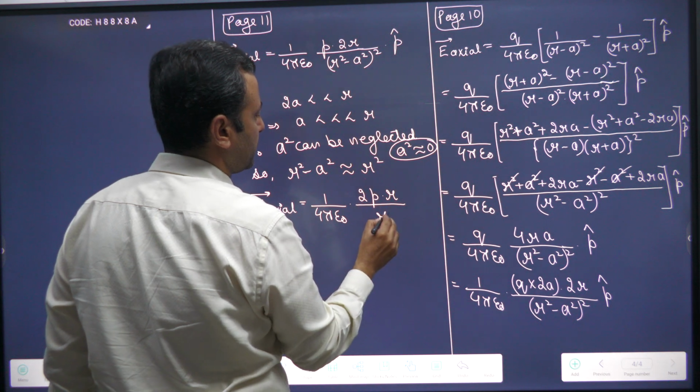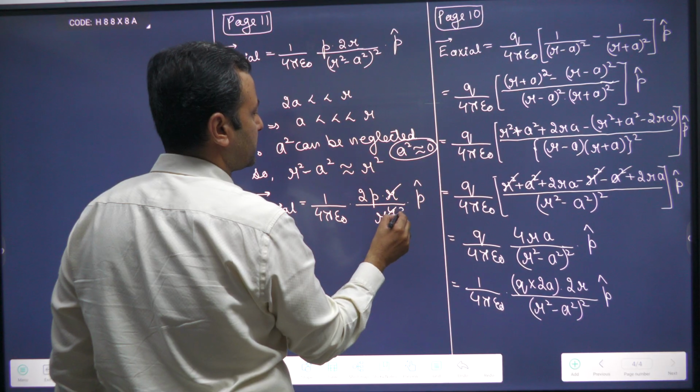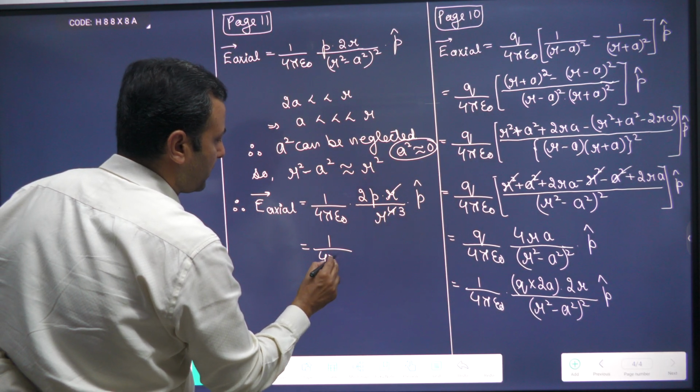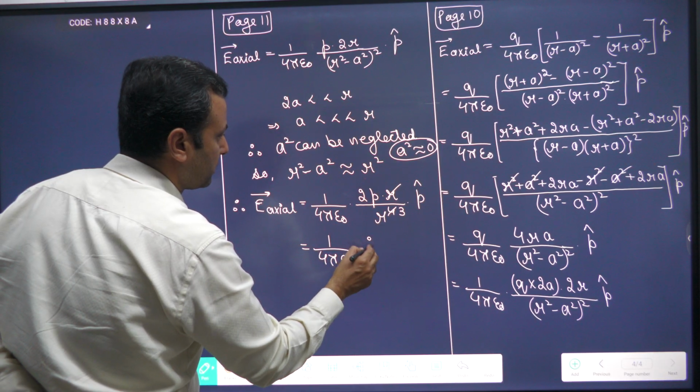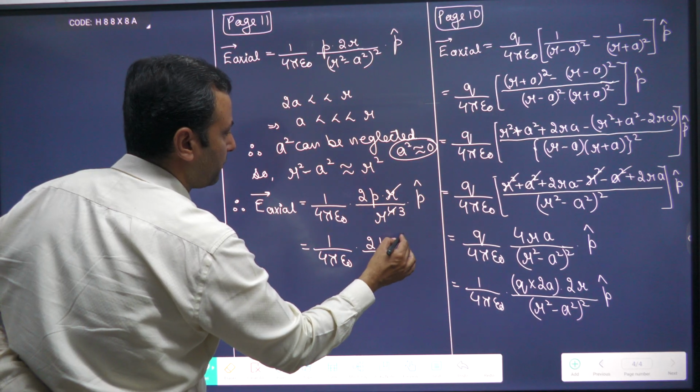What is r square's whole square? It is r to the power 4, p cap. Now 1 r will cancel out by this 1 r. So E axial will be 1 upon 4 pi epsilon naught, 2p upon r cube into p cap.